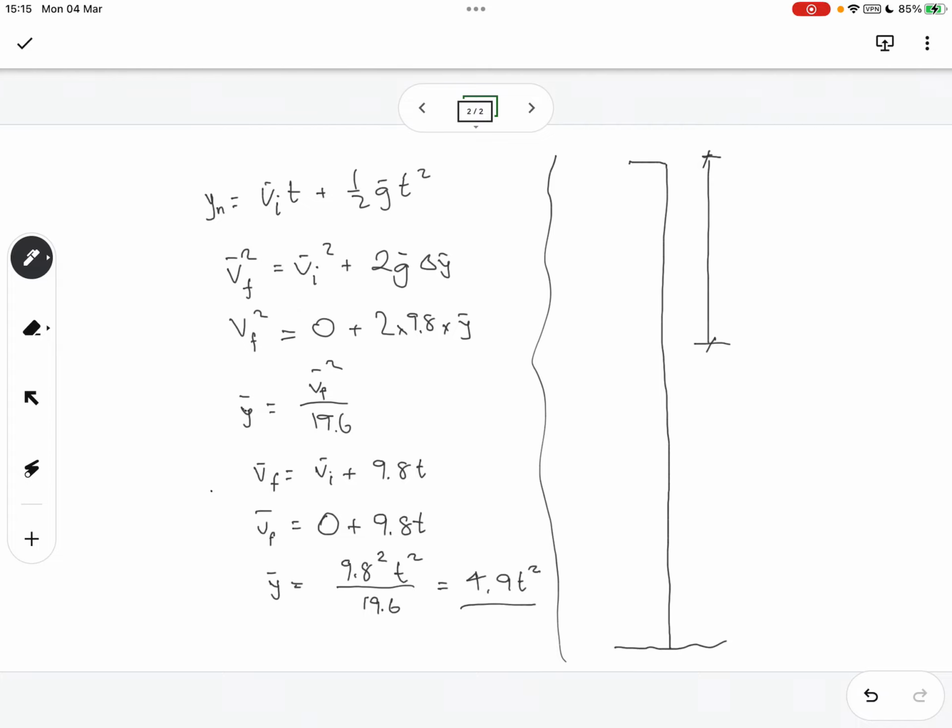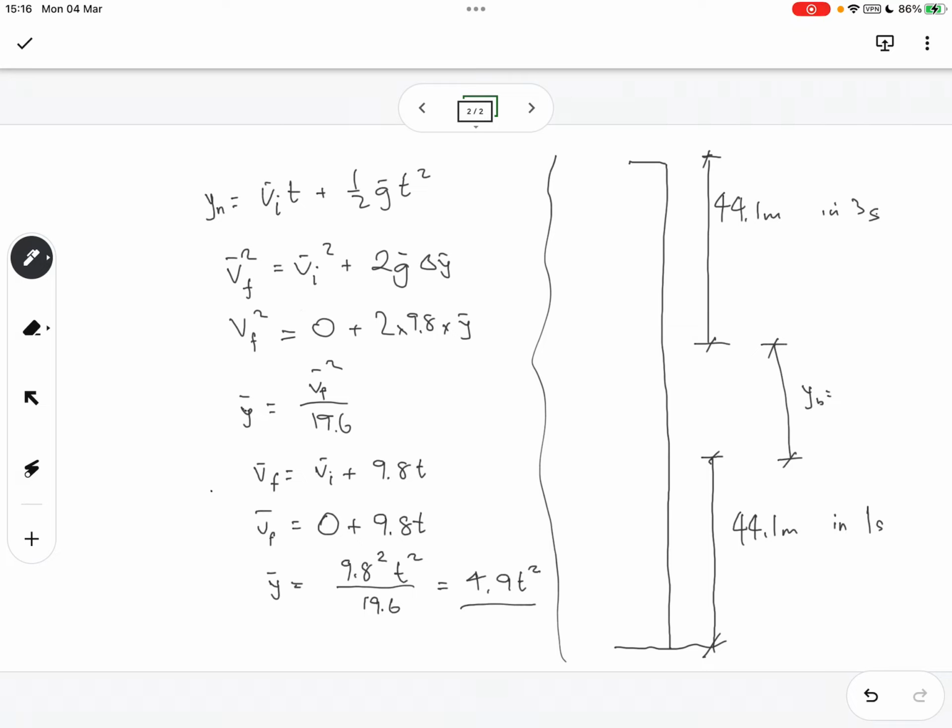On our tower, we basically have something like this, right? It first drops 44.1 meters in 3 seconds, and it also drops 44.1 meters in the last 1 second of the drop, before it makes its first bounce at the bottom.